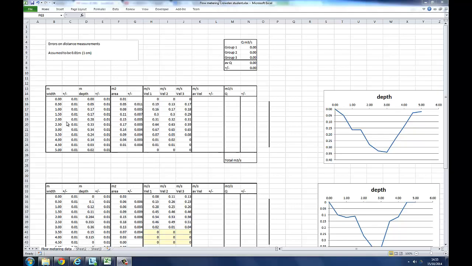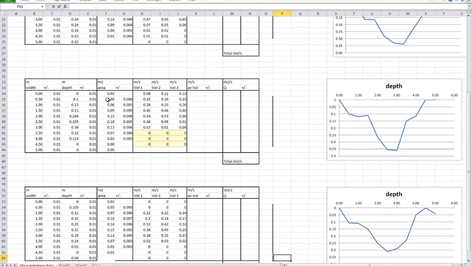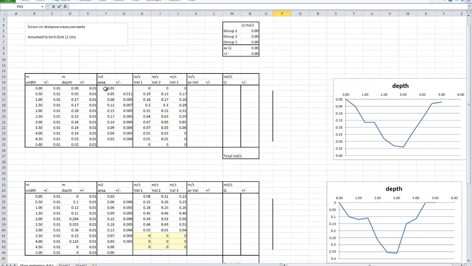Anyway, so multiplying the width by the depth will give you the area. However, it's a little bit more complicated because of the shape of the channel, and that's plotted over here. So these charts are plotting the width against the depth and reversing the y-axis, so it actually looks like a channel.